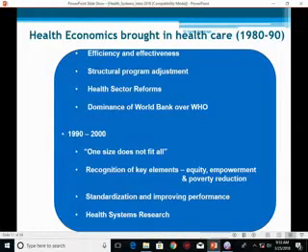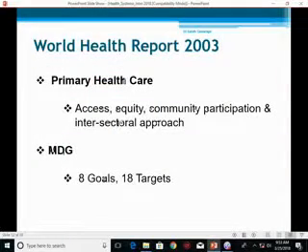And then standardization and improving performance, and later the importance of research came into the picture. We call it health systems research, HSR. So research was also an important area. We had to see what are the good practices. So there is a landmark report. Every year the WHO publishes a World Health Report.